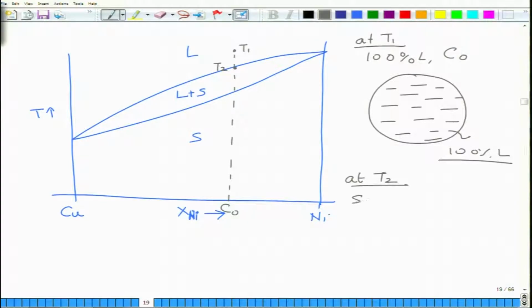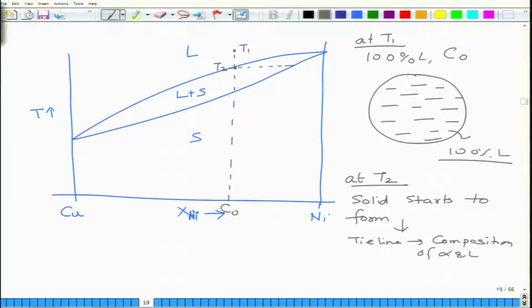So solid starts to form, which means some solid, and the composition and amount of that solid can be given by the lever rule. So you can apply the tie line rule and lever rule to calculate it. The tie line will give you the composition of alpha and liquid, and the lever rule will give you the amounts.